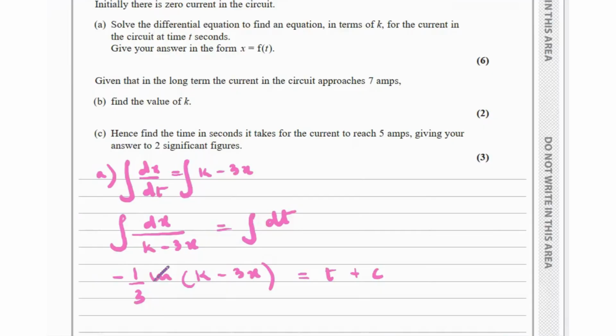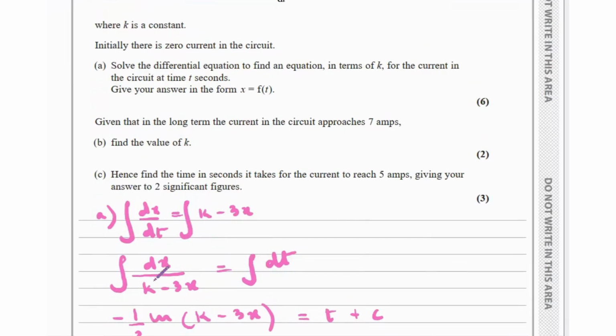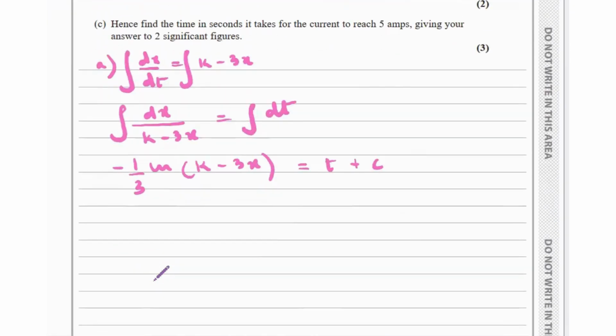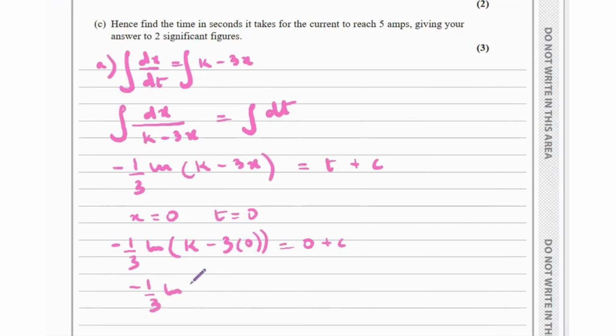So now we know that initially there is zero current in the circuit, so that means x equals 0 and t equals 0. So we substitute this to find the value of c. So that's going to be negative 1 over 3 ln of k minus 3 times 0 equals 0 plus c, which is negative 1 over 3 ln k equals c.